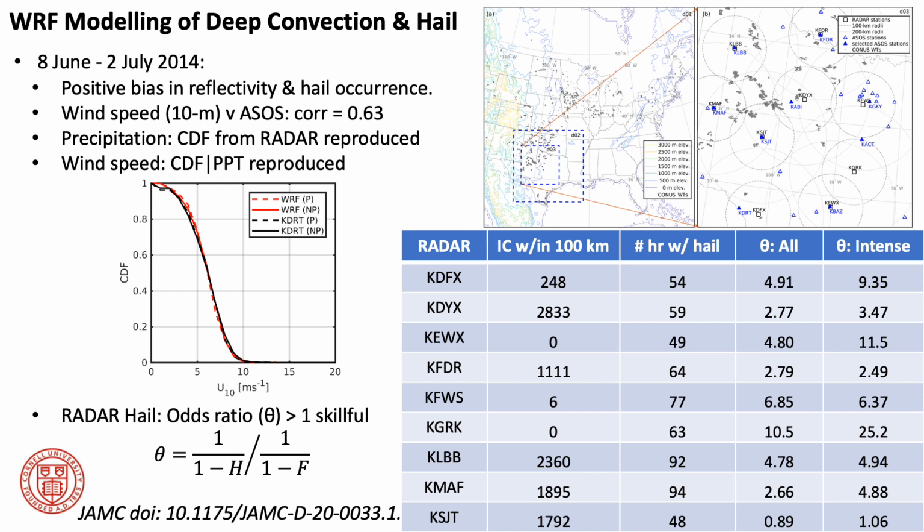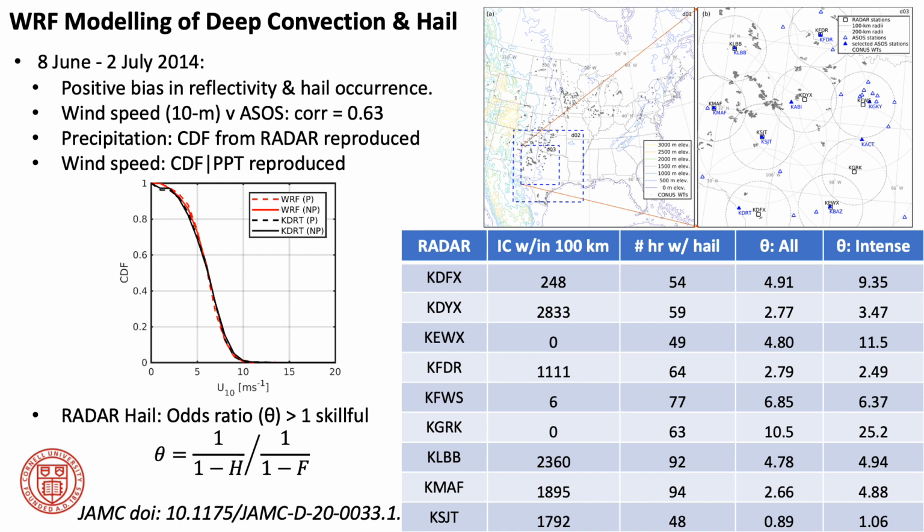So what we see from that simulation is that there is a positive bias in radar reflectivity diagnosed from WRF, and also the occurrence of hail. So when hail occurs within WRF, it covers a larger area and a longer duration than estimates from radar.